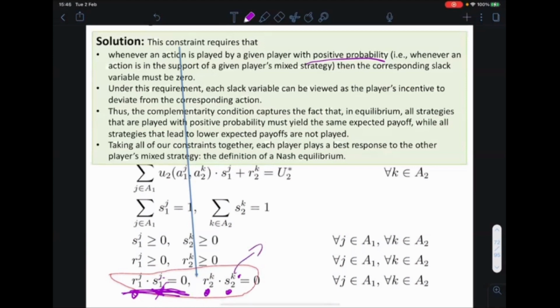Because if this one is larger than 0, then this constraint holds, so this R2K has to be 0.